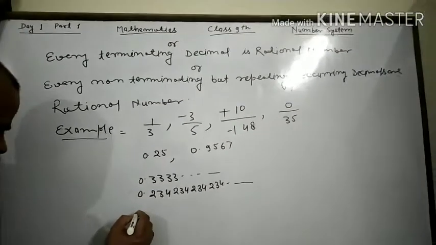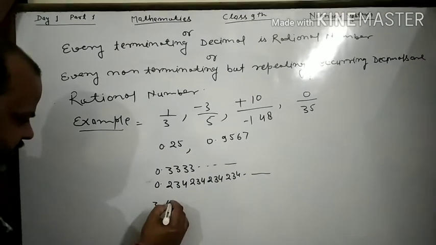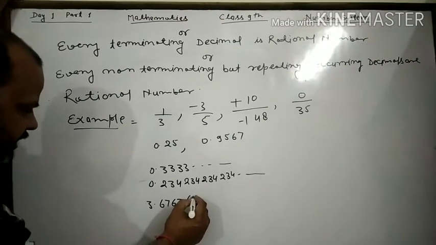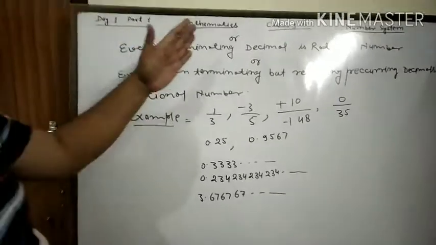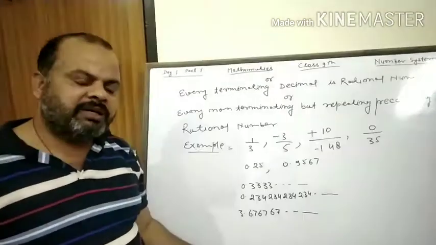In the same way 3.67 is also a rational number. These are all the complete definitions and examples of the rational number.